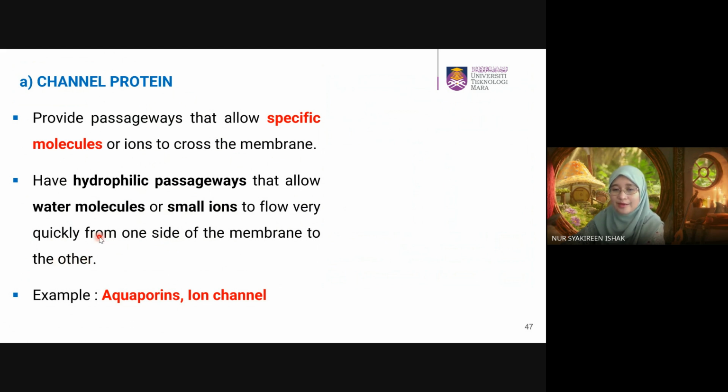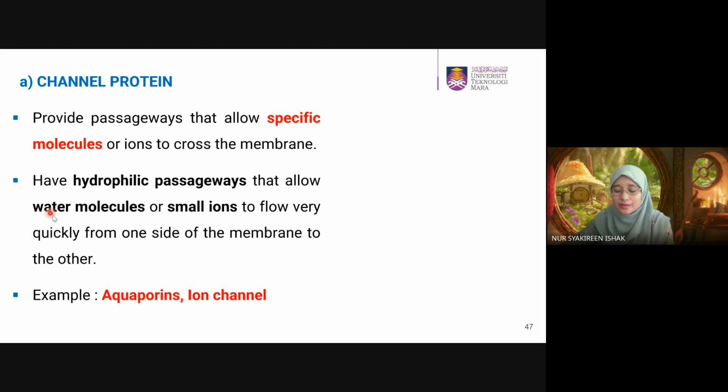Ions need the channel because ions have a charge, either negative or positive. So although their size is really small, because they have charge, they cannot just diffuse through the phospholipid bilayer. They have to use channel proteins.